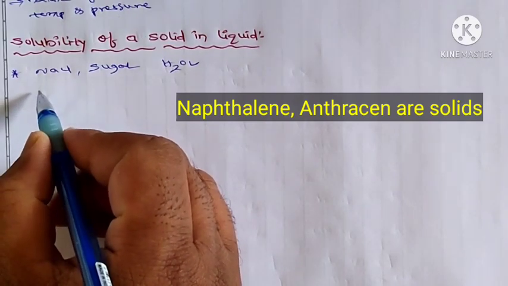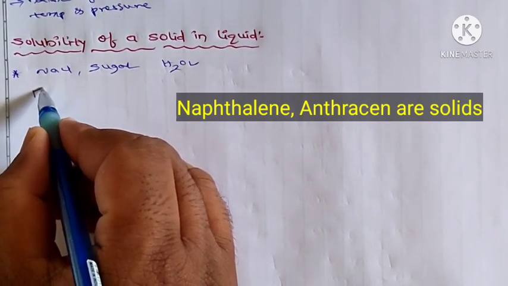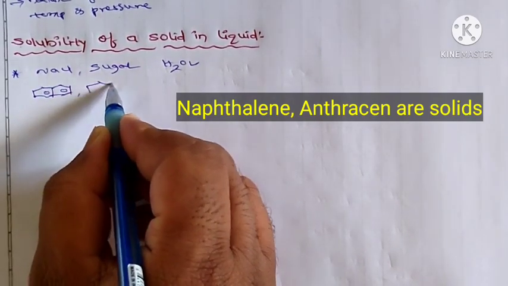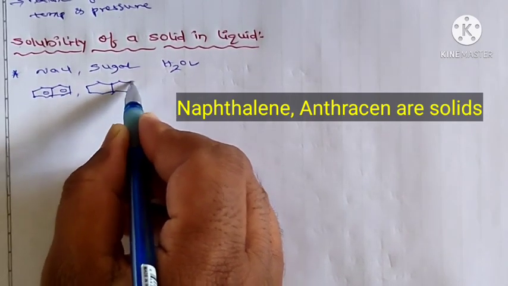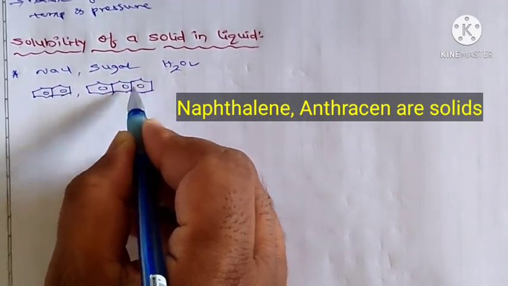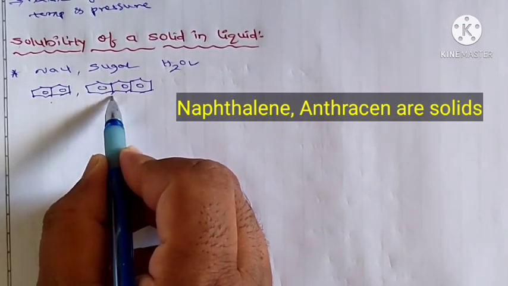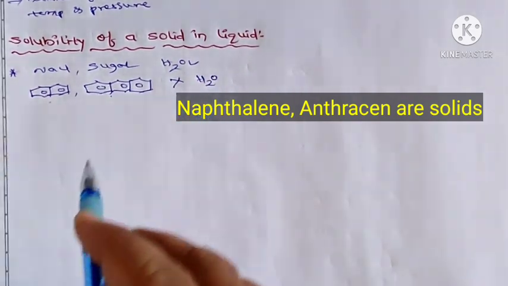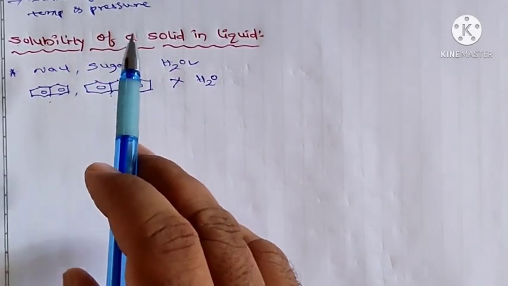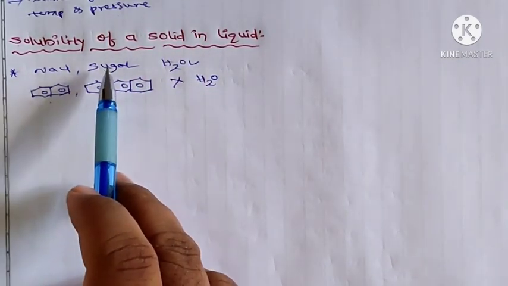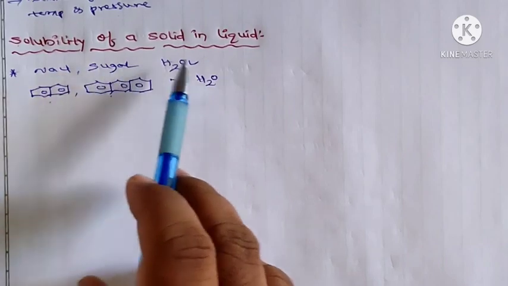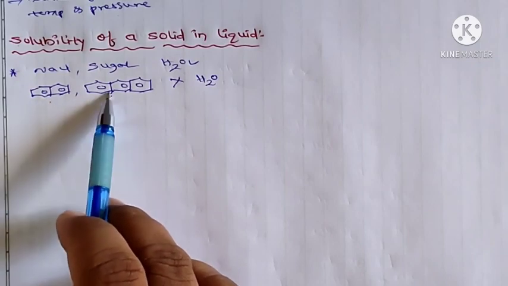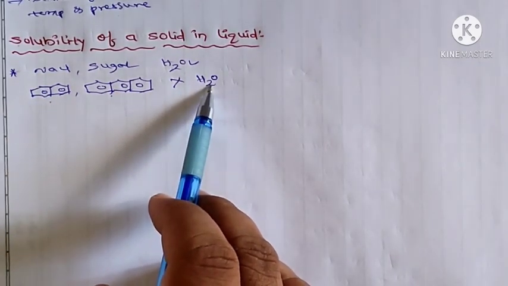But naphthalene and anthracene, so this is the naphthalene and this one is anthracene, do not dissolve in water. So every solid does not dissolve in every liquid. NaCl and sugar are solids that dissolve in water, but naphthalene and anthracene do not dissolve in water.